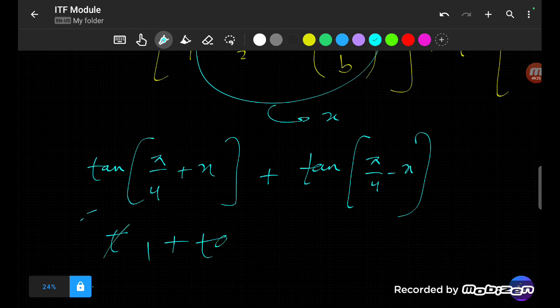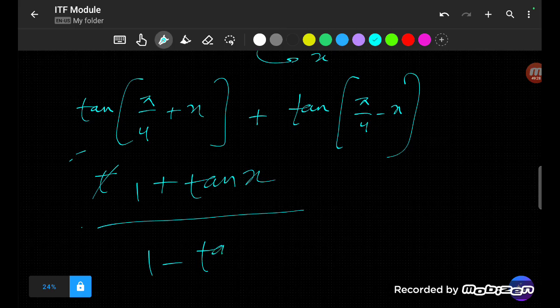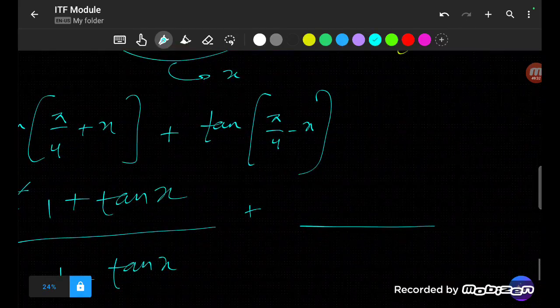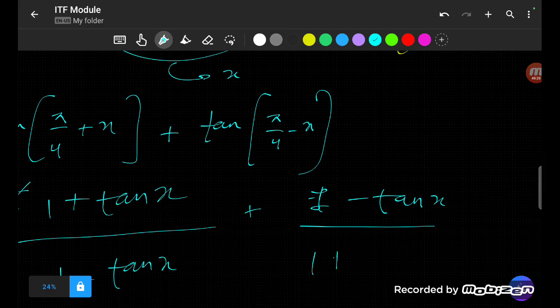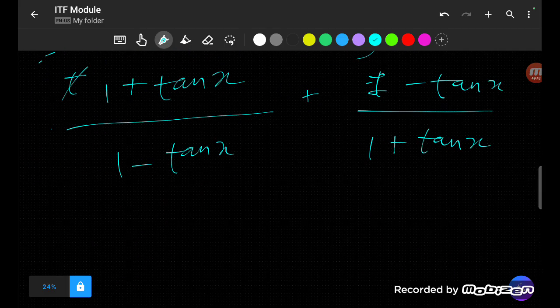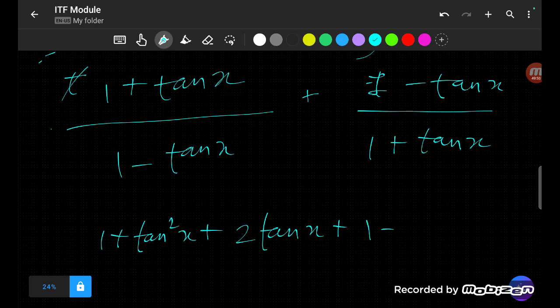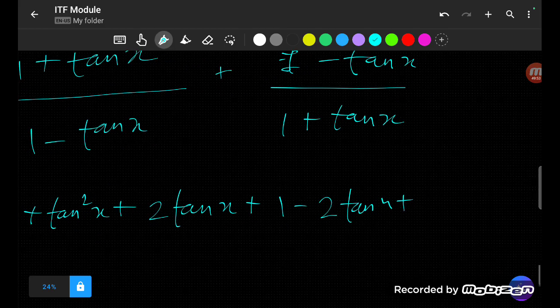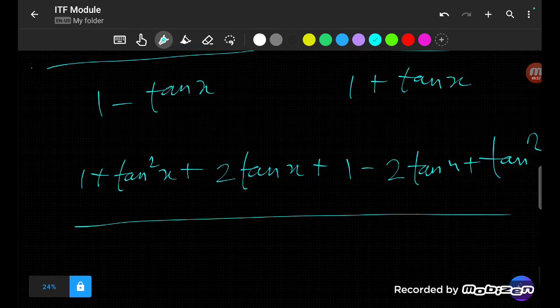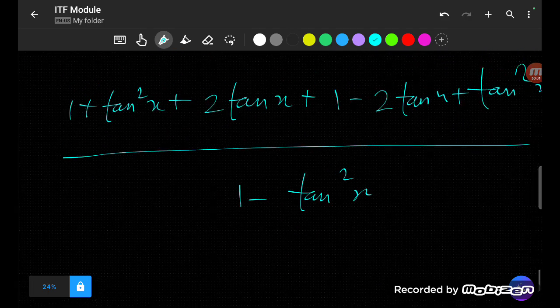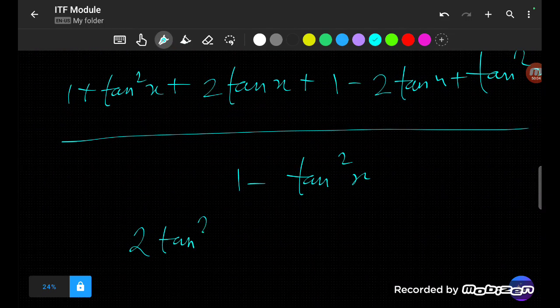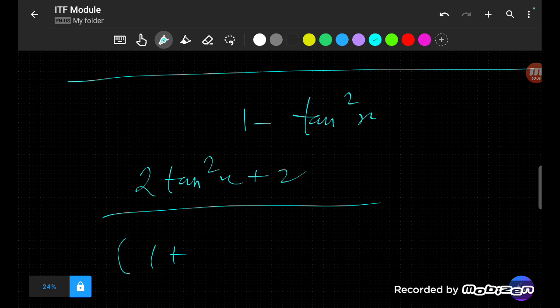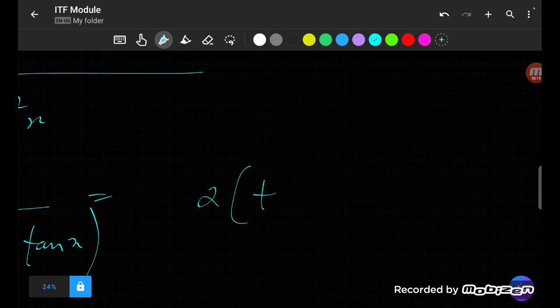This is 1 plus tan x upon 1 minus tan x plus 1 minus tan x upon 1 plus tan x. That gives 1 plus tan square x plus 2 tan x plus 1 minus 2 tan x plus tan square x upon 1 minus tan square x, whose value is 2 tan square x plus 2 upon 1 plus tan x times 1 minus tan x.